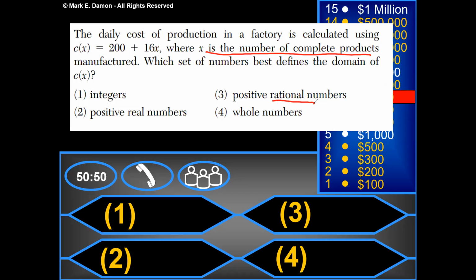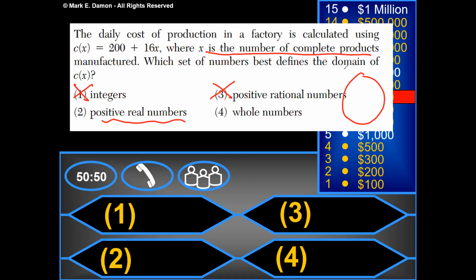So if you have positive rational numbers, you can have 1/2, 3/5, 17 seconds, something like that. But rational numbers are not complete products. So this one's out. Integers, which would be a complete product like 1, 2, 3, 4, or -1, -2, -3, -4, doesn't make sense because you're not going to produce negative products. So integers is out.